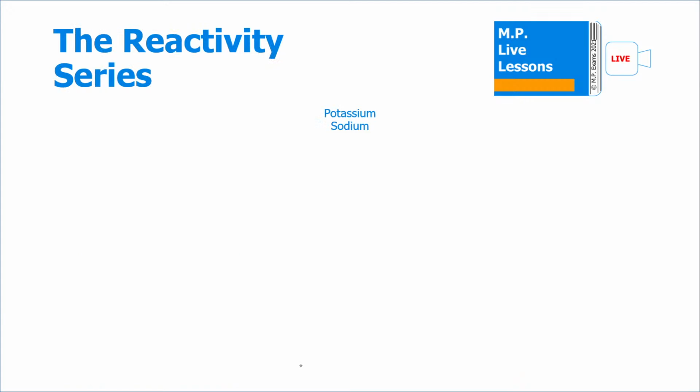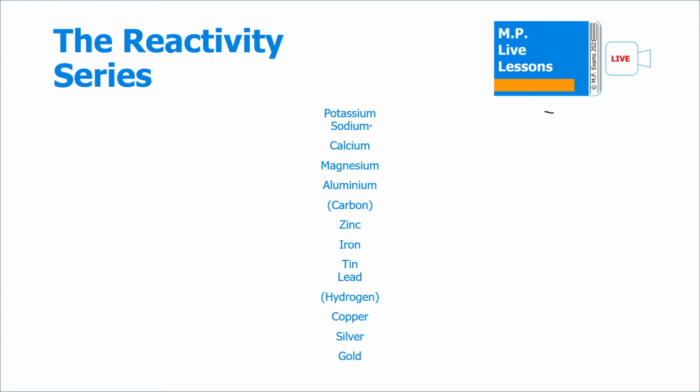Next, you'll need to know about the reactivity series. Now, a few things you need to know is that this is the most reactive at the top to the least reactive at the bottom.